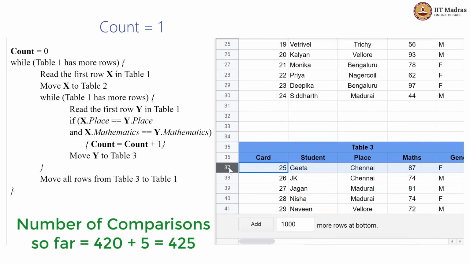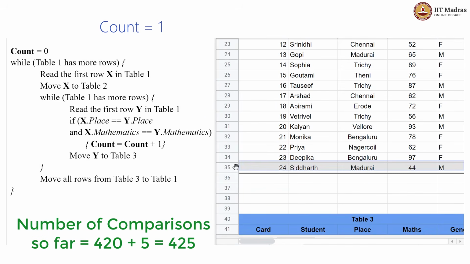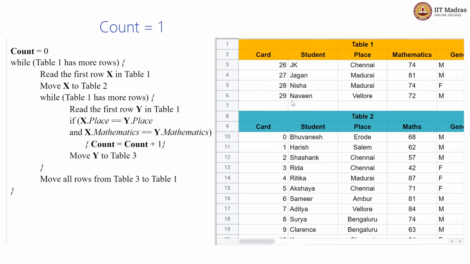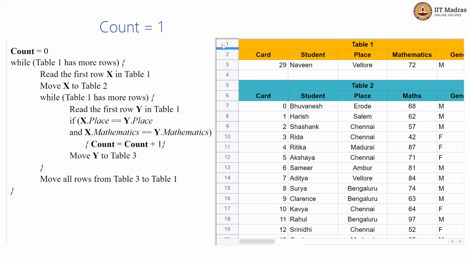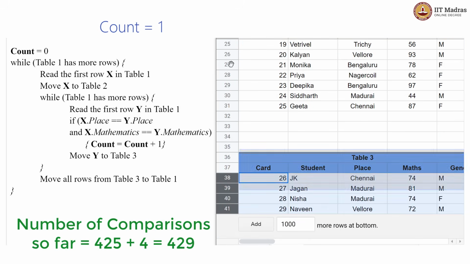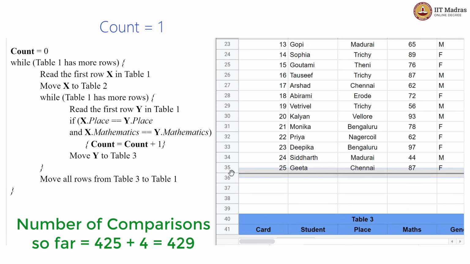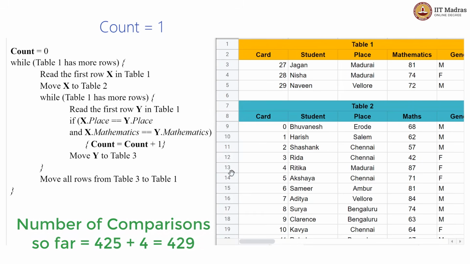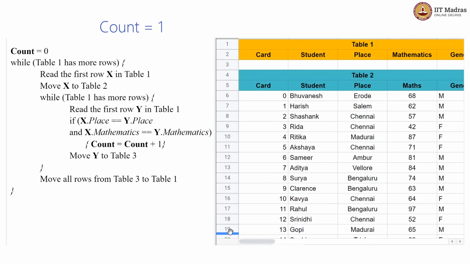Table 1 is empty again. This is row X, which is Chennai 87. This is Chennai but not 87. Table 1 is empty again. This is our row X now, which is Chennai 74. Table 1 is empty again.